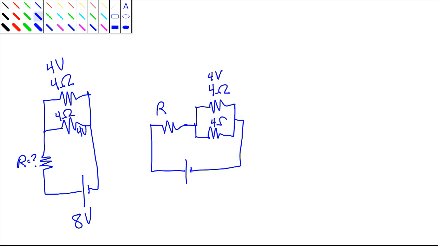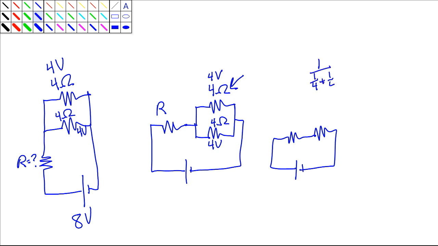This is 4 ohm, and because it's in parallel with this resistor, this one also must have 4 volts. If I redraw it again, combining those two 4 ohm resistors, 1 over 4 plus 1 over 4 is equal to 1 over a half, that's equal to 2 ohms.